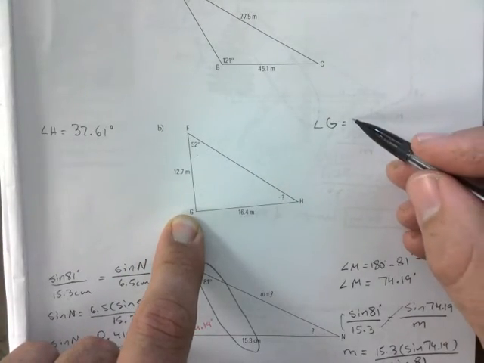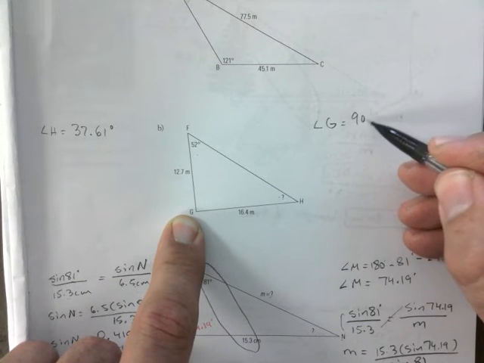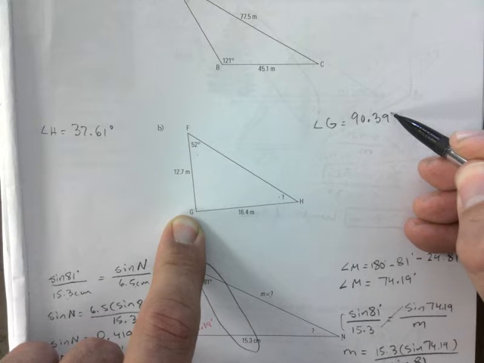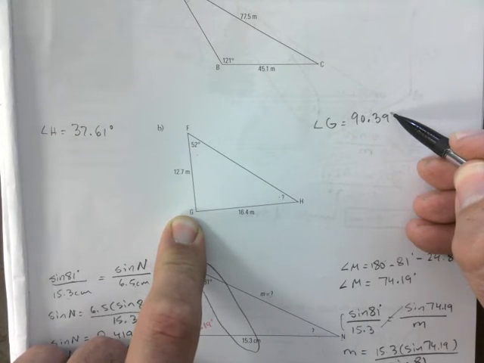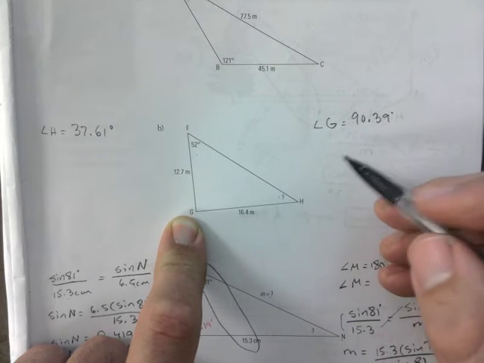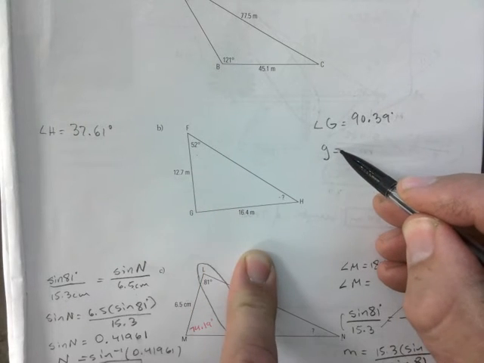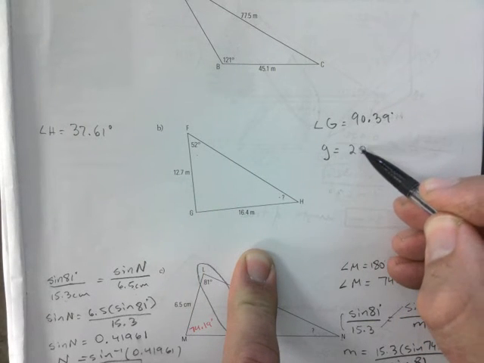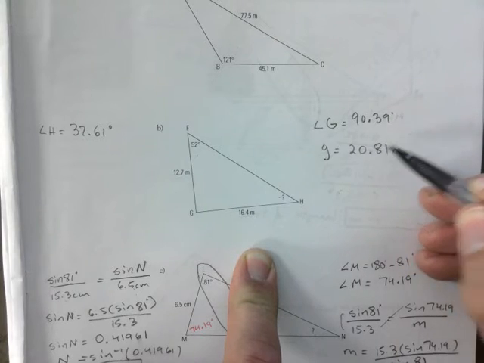Subtract from 180. What is it? 90.39. Almost a right triangle, correct? Almost, not quite. So you couldn't use SOHCAHTOA though, technically, if it's off. And side G, 20.81. That was easy too. I like that.